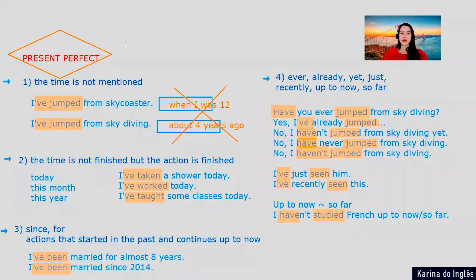So for present perfect, we use have or has plus past participle. How about past perfect? We would change have for had, and future perfect, we would change have and has for will have, okay? But the usages, they are different. So if you're curious, if you would like to know when we use past perfect and future perfect, so watch the other videos on this playlist.